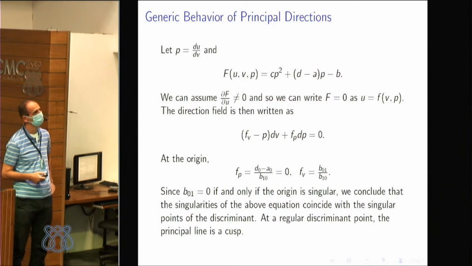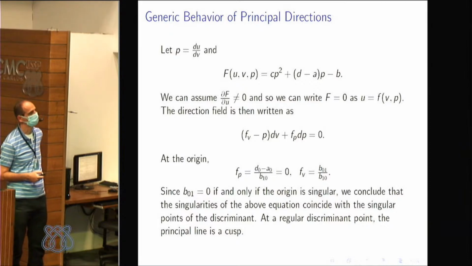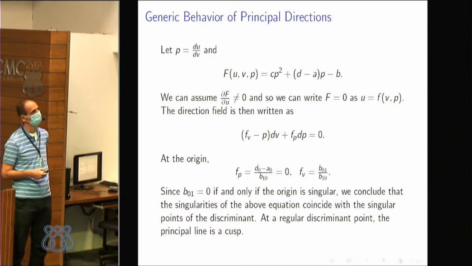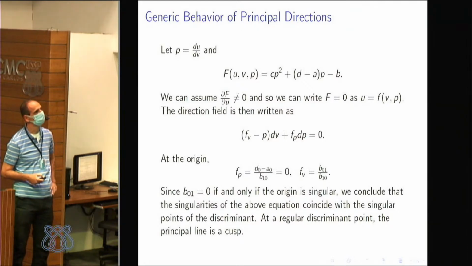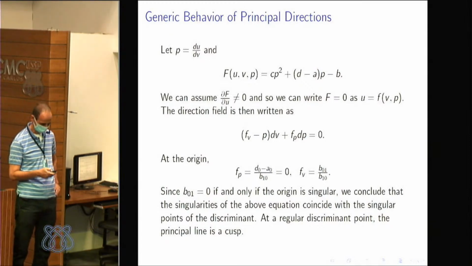At the origin, we have fp equal to 0, because A0 is equal to D0, and p is equal to 0 also in our model, and fv is this expression here, which is 0 if and only if the principal direction is tangent to the discriminant curve. So we conclude that the singularities of the above equation coincide with the singular points of the discriminant, and at a regular discriminant point, the principal line is a cusp.